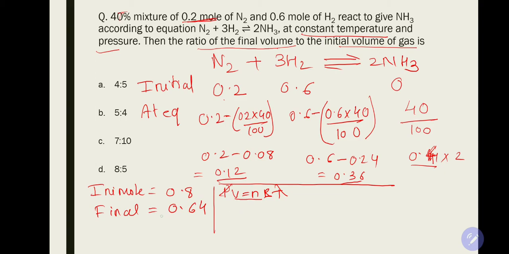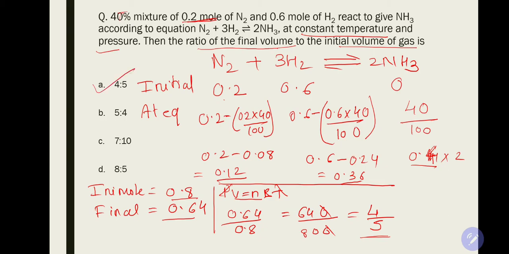So can I say, directly take the ratio now, that is 0.64 upon 0.8, which is equal to 640 upon 800. Simply reduce it, and you will get the answer. It is nothing but 4 by 5. Clear? So the answer is 4:5.